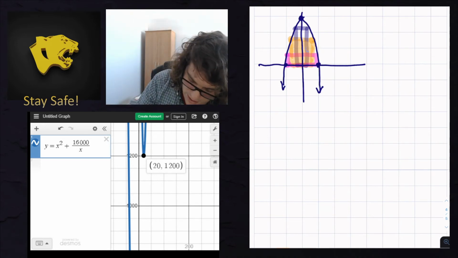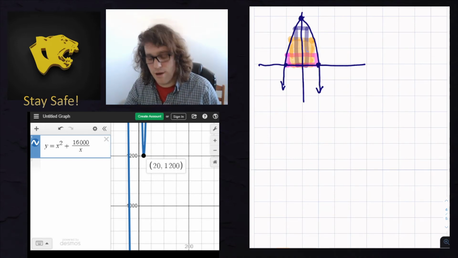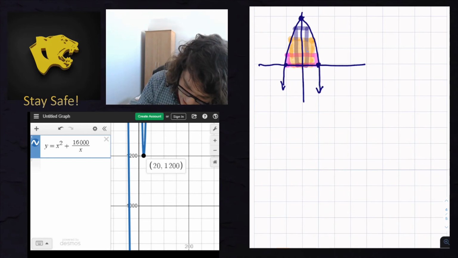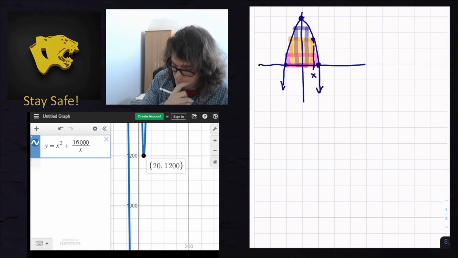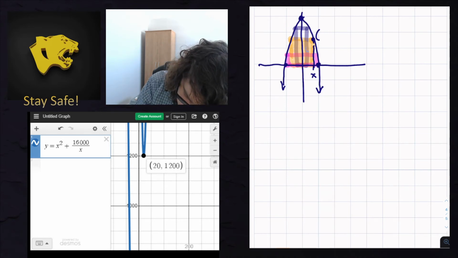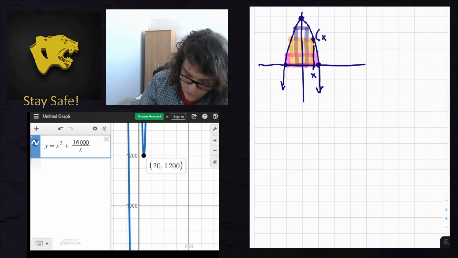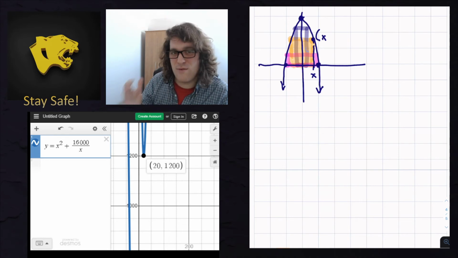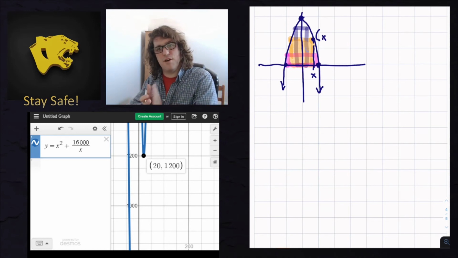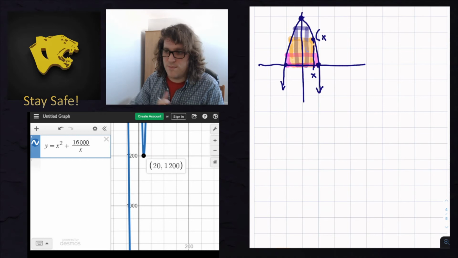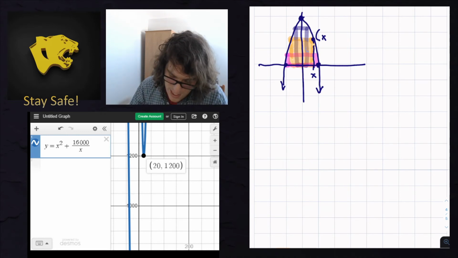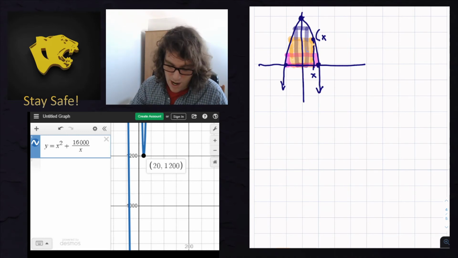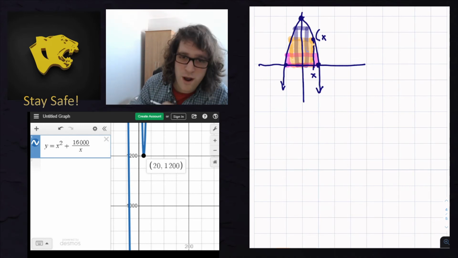So the thing that we're looking to maximize is area, and I need to label some parts of my graph so that I can understand what's going on. So this point, if I say that it comes over as far as x, where the edge of that rectangle is, x because it's a variable, I want to be able to put it at different spots along there. So it'll be at x comma, and it goes up as high as hitting the parabola. How high is the parabola?